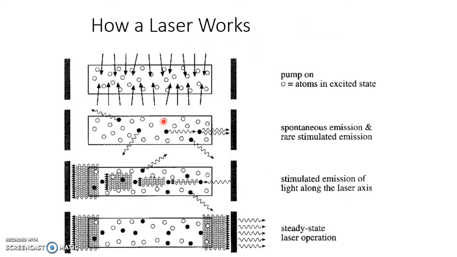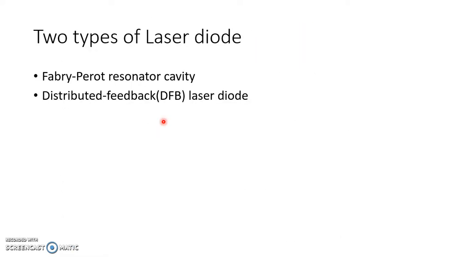So we'll see these two types of laser, what the structure is, how both the laser diodes are different, and how optical amplification takes place inside the Fabry-Perot resonator cavity and in the distributed feedback laser diode in the next video. So hope you have understood the basic principle of laser diode.